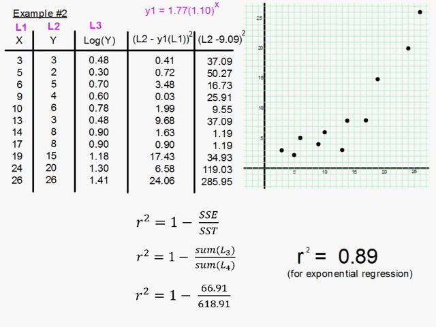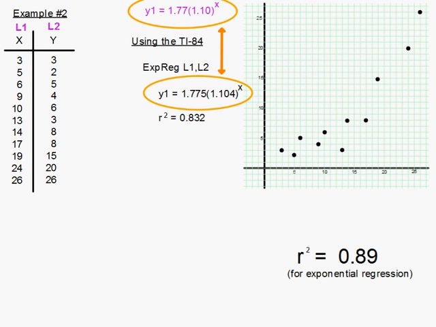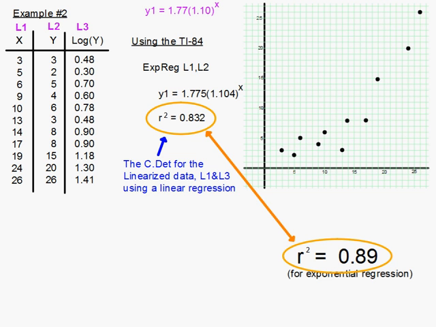This is a new example. And now if we use the calculator, we can do exponential regression L1, L2, because it's all positive. And you'll notice that the equations actually turn out to be nearly identical. There's a little less rounding in the calculator. But the coefficients of determination are still different.